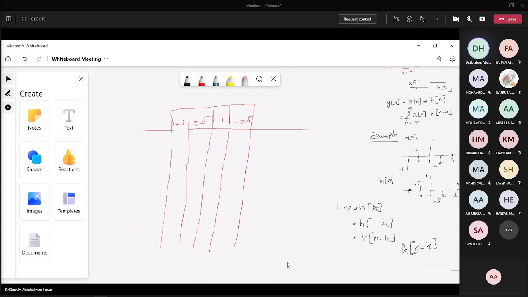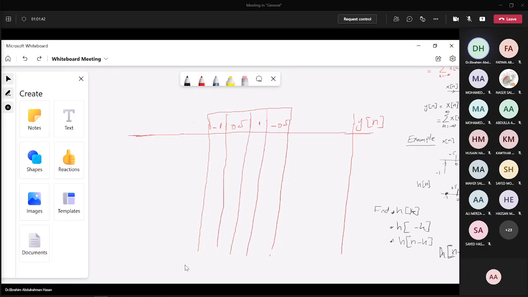Now notice with me. Here I'm going to put the value of y of n, and here I'm going to put n.